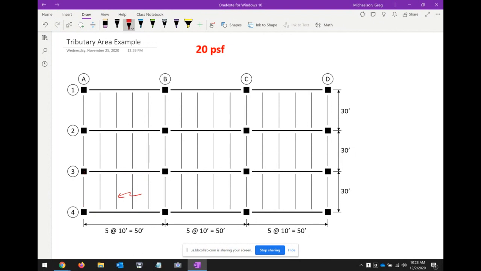So the tributary area for this beam, we would say, is basically just halfway between. Just curious, what is this width? Just to make sure everybody's paying attention.